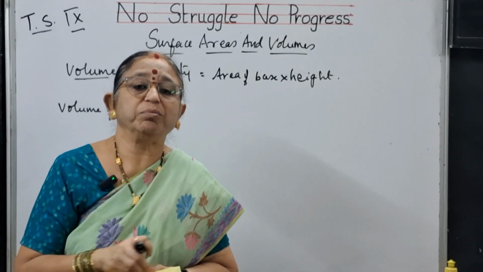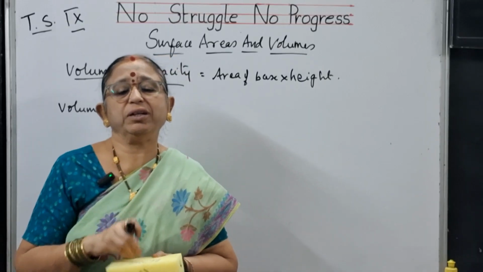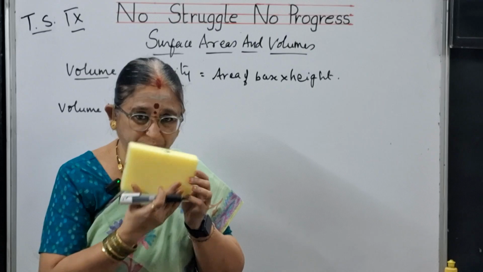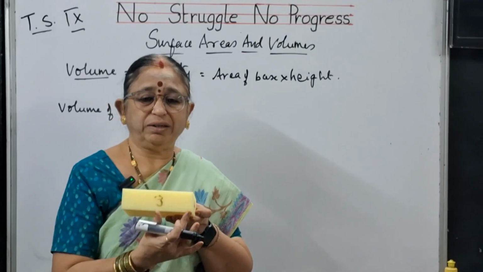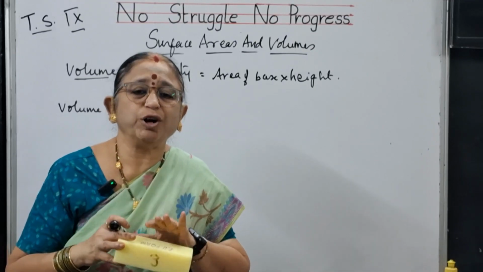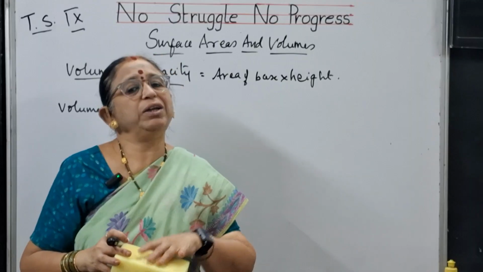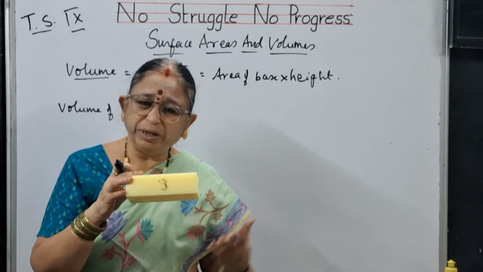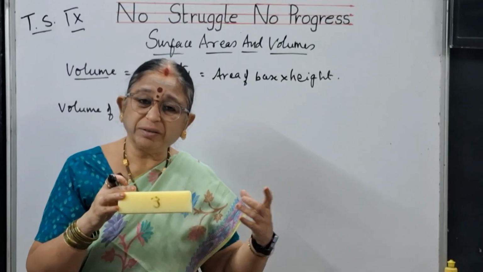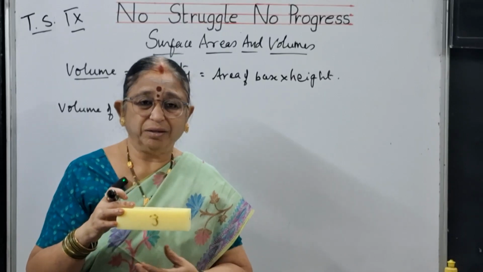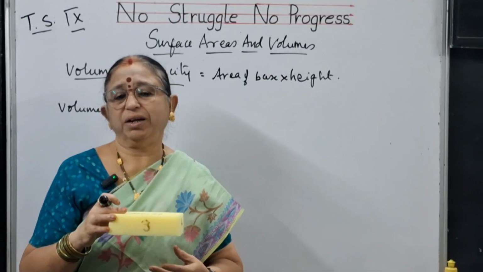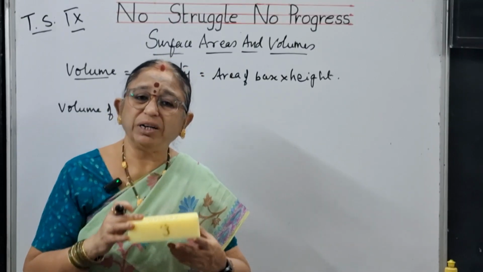So if you are talking about inner space, the formula that we are using for it is area of base, this base area into height. This is the general formula for finding volume of any figure. See, base can be a rectangle, a triangle, a circle, or a square, whatever it is.